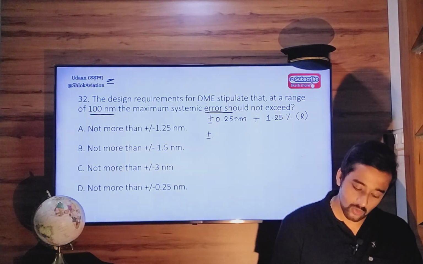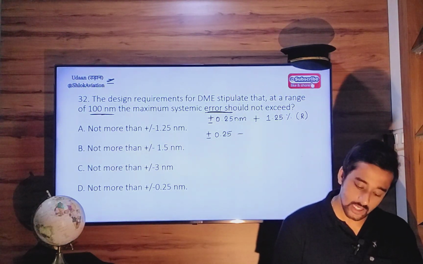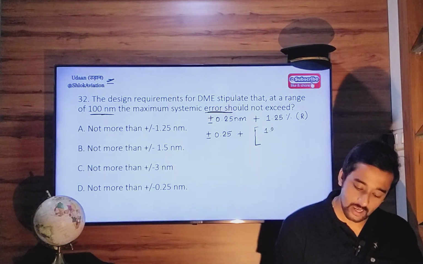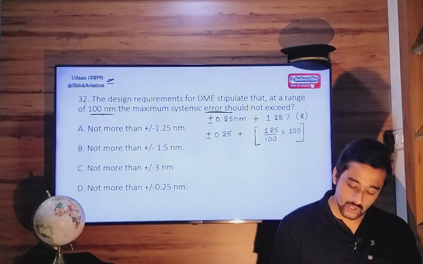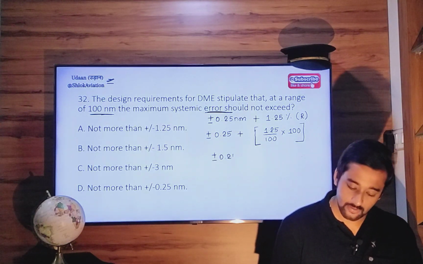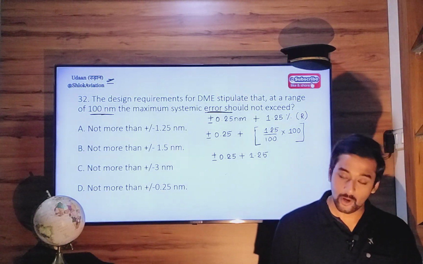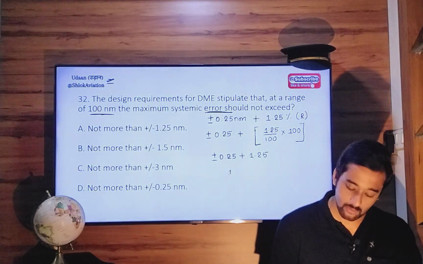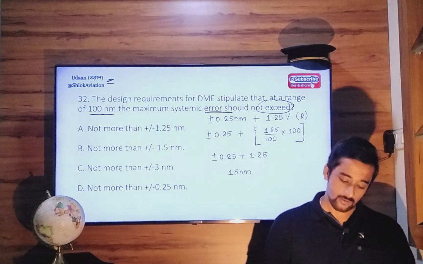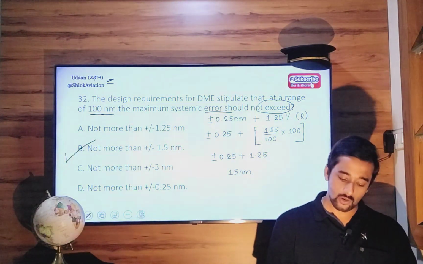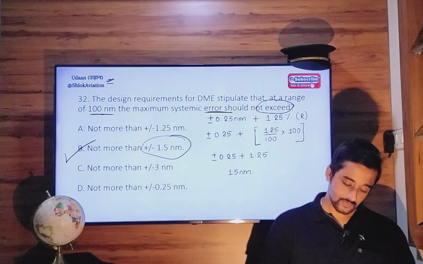So plus minus 0.25 plus 1.25 divided by 100 into 100, plus minus 0.25 plus 1.25. So 1.25 plus 0.25 is 1.5. So it should not exceed a value of 1.5 nautical miles.